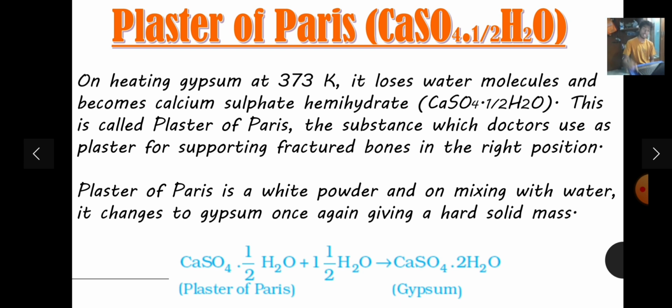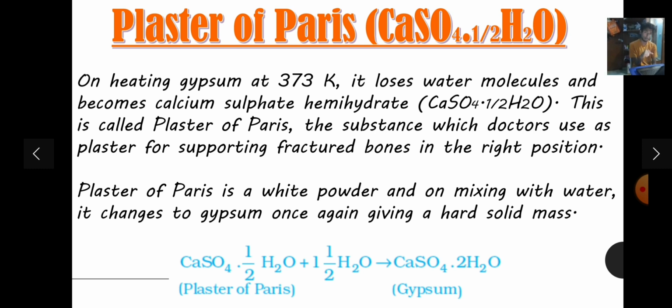CaSO4.2H2O. When you heat this gypsum at 373 Kelvin, the water is lost, right? After the losing of water, you get calcium sulfate hemihydrate. We had two molecules of water before. Now, after heating this gypsum, we remain with half a molecule of water. CaSO4.1/2H2O.